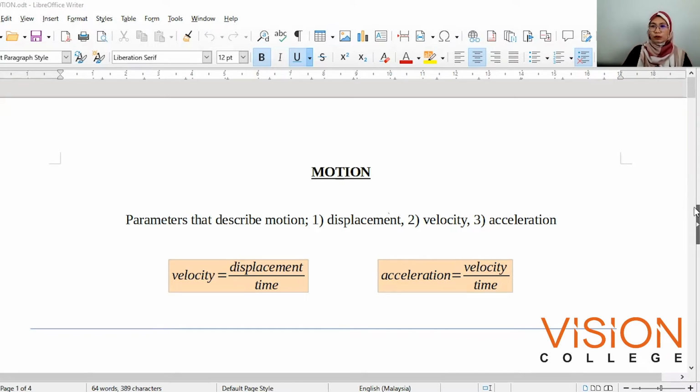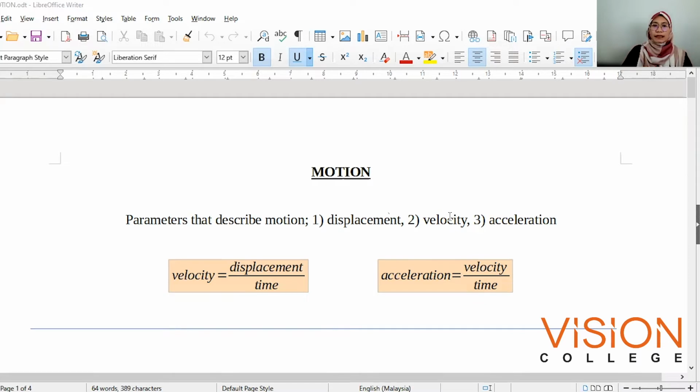Okay, so to understand the topic of motion here, we need to know the three parameters that are essential in the topic. That is displacement, velocity, and also acceleration. Between these three parameters, they are actually interrelated.